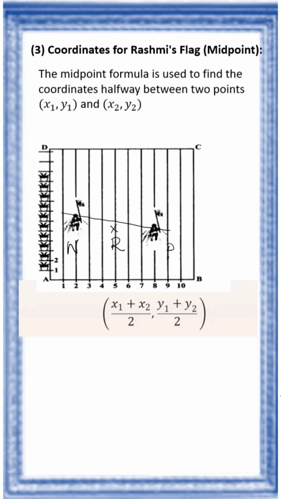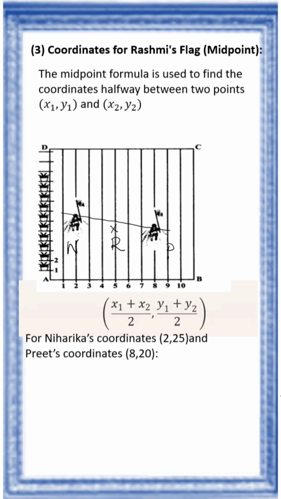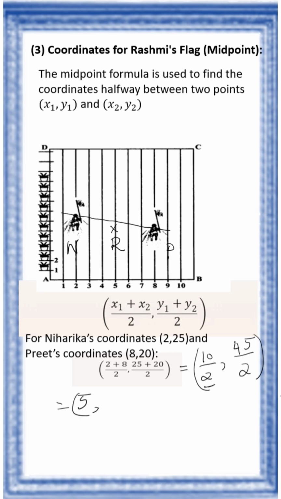For Niharika's coordinates 2, 25 and Preet's coordinates 8, 20, we have 2 plus 8 by 2, 25 plus 20 by 2. That is equal to 10 by 2, 25 plus 20, that is 45 by 2. So this is equal to 5, 45 by 2 is what?